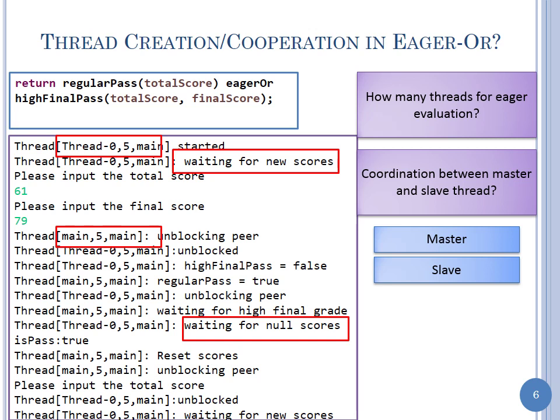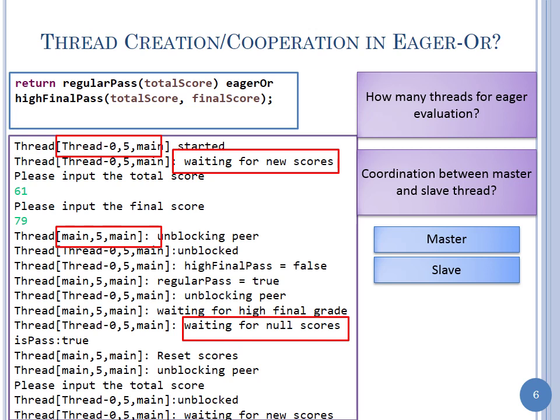It waits for new scores. Also, it waits for its computation to have been consumed by the master. It'll go and write its result into a variable. It doesn't want to go and write to that variable another time until that master has read that value. Okay? So there are two ways the slave waits.